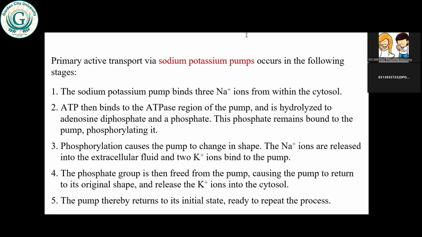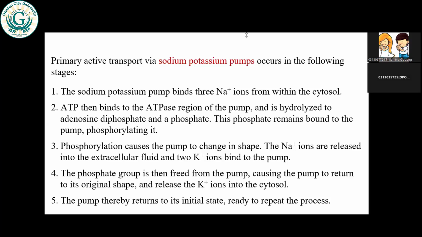Okay, calcium ATPase. Calcium will bind to its binding site on the pump. Then ATP will come and bind. Then the enzyme part of the pump is going to break down the ATP into ADP and an inorganic phosphate. When that breakdown happens, it changes the shape of the pump, exposing it to the outside, facing the outside.